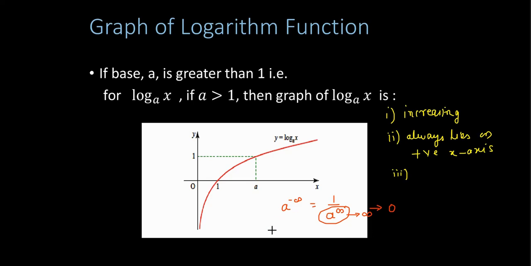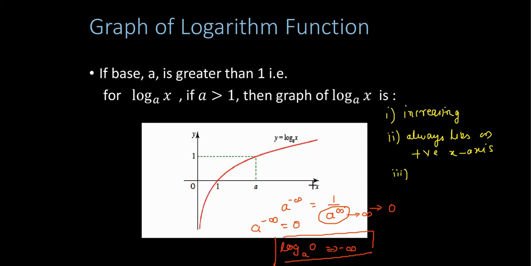So a raised to power minus infinity will be almost equal to 0. So changing this to log form, log of 0 with base a is always tending to minus infinity. That's why as x is approaching 0, the graph is approaching minus infinity below the x-axis.